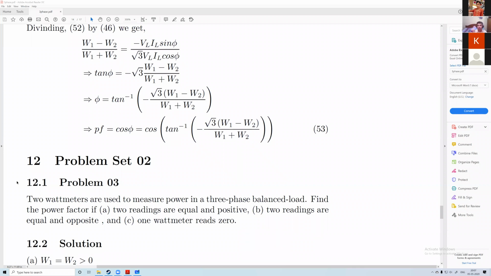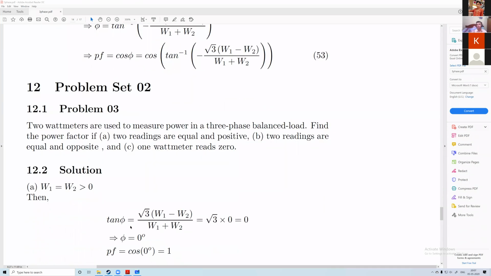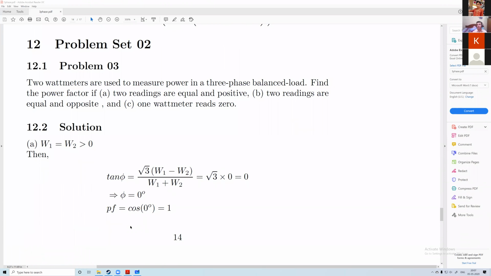So when phi is 0, what is cos phi? It is 1, that is the answer. When the two readings are same, that means the load is perfectly resistive. Phi is 0 or cos phi is 1. Clear? Or you can just put them in the formula, you'll get the same thing.